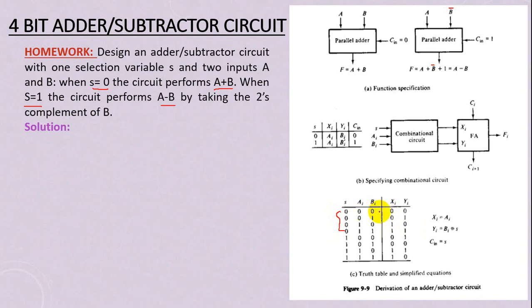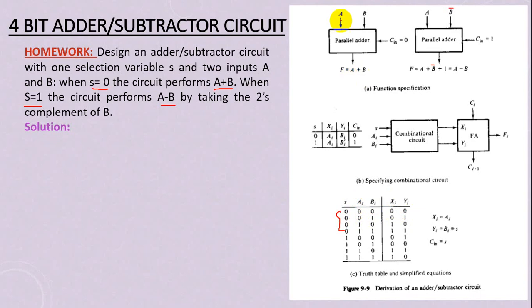A and B can be 0, 0, 0, 1, 1, 0, 1, 1. So when A, B are all 0, 0, X equal to A, and Y equal to modified B. When the selection pin is 0, 0, there will be no modification of B.